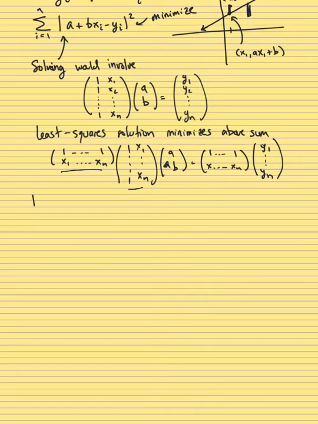Now the power of this is that best fit lines was really a mirage. This works for best fit polynomials of any degree. Let's just say we wanted to find a best fit quadratic. Well, now we know what to do.